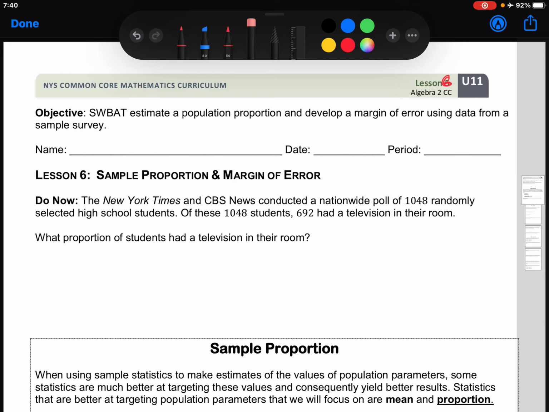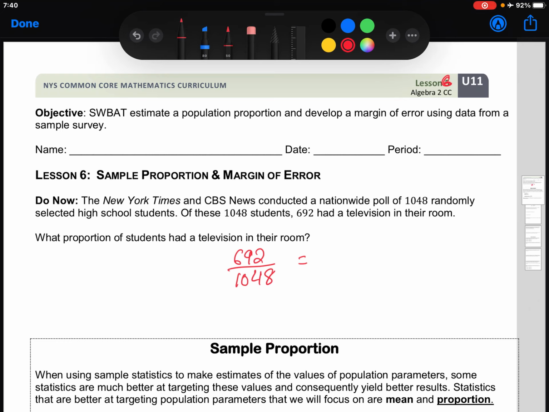The New York Times and CBS News conducted a national poll of 1,048 randomly selected high school students. Of these 1,048 students, 692 had a television in their room. What proportion of students had a television in their room? How do I find the proportion? It's basically the number of students that have a television, which is 692, over your sample size, which is 1048.